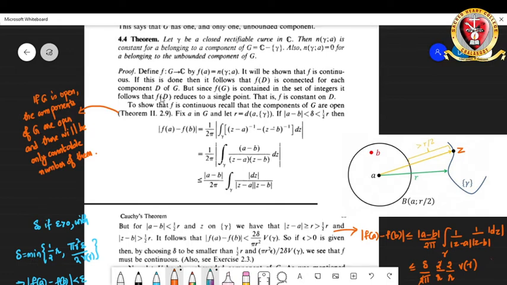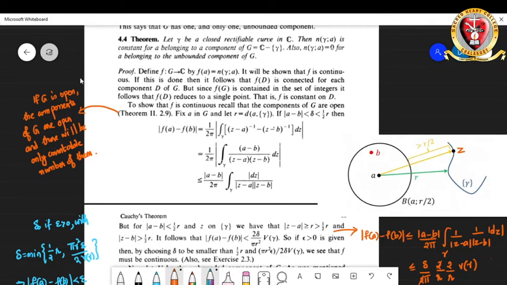So this f of D will be a subset of integers, but it has to be connected. So it will reduce to a single point, a single constant integer. That means f will be constant on D. That is the idea of proving that f is continuous. By proving f is continuous, you can reach such a conclusion. That's how we get the first part. Okay, to show that f is continuous.